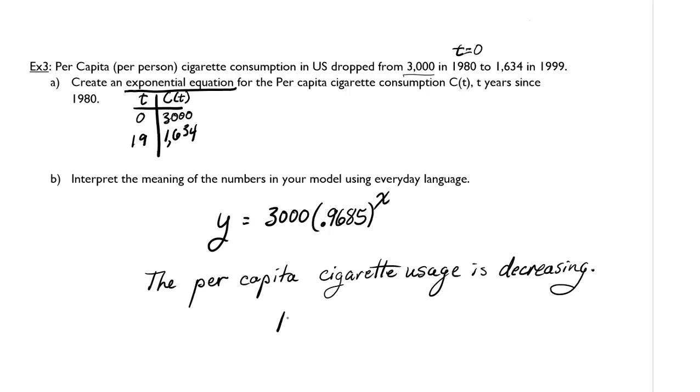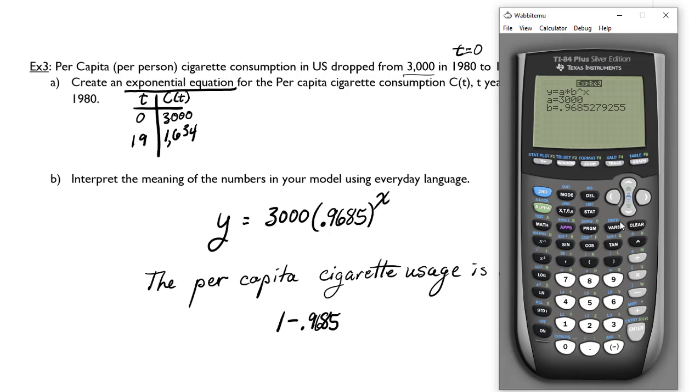So we have 1 would be no change. It would just be the same amount every year. And then let's subtract 0.9685. So it's decreasing by 3.15% a year.